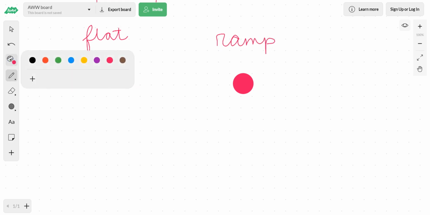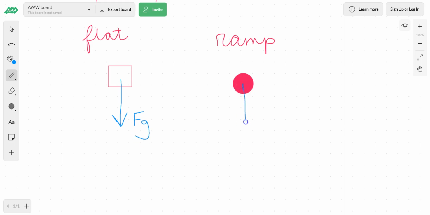Now every single object, unless it's floating in space, is going to have a force of gravity. And that force of gravity, as aforementioned, is always straight down. So there's your force of gravity, and force of gravity is just mass times gravity. Now, there's a normal force, and as already mentioned, the normal force is pointing wherever the surface is.